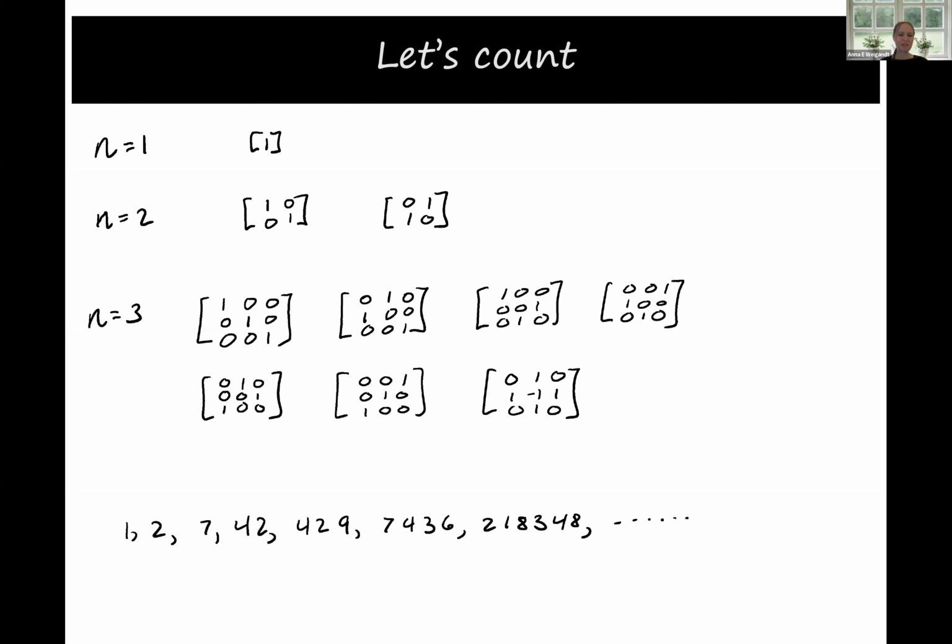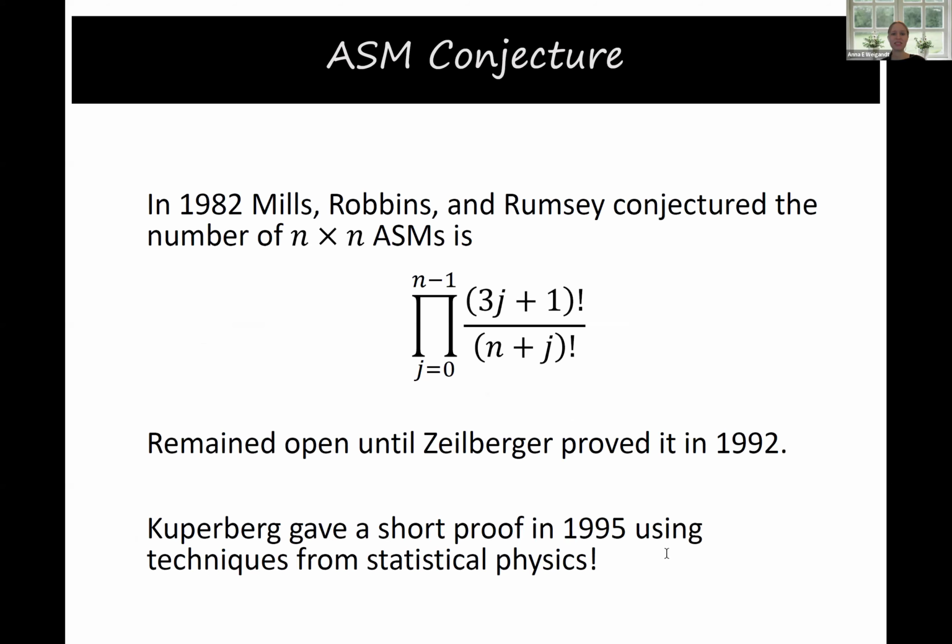Looking at this sequence, it might not be immediately apparent to spot a pattern, but Mills, Robbins, and Rumsey did spot a pattern. In 1982, they conjectured a very explicit product formula for the number of alternating sign matrices. It's just a simple product of a quotient of some factorials, where we're taking our indexing set going from j equals 0 to n minus 1.